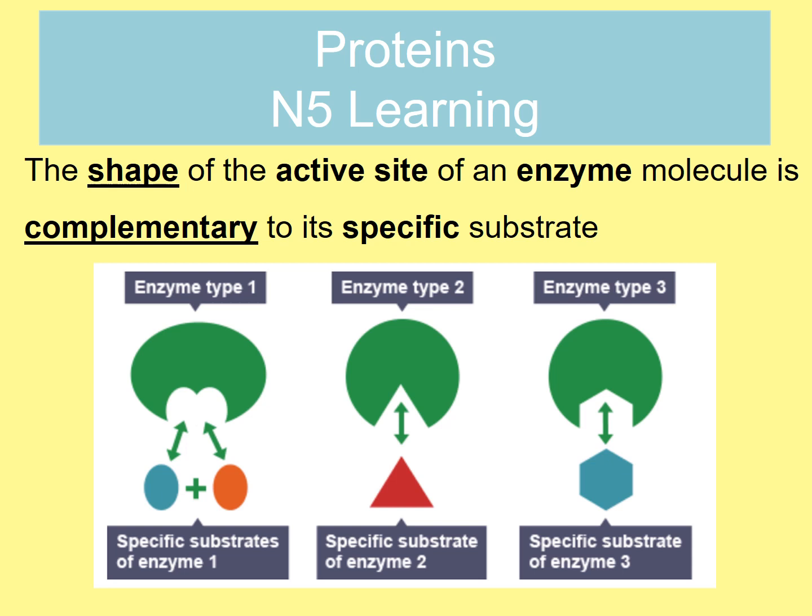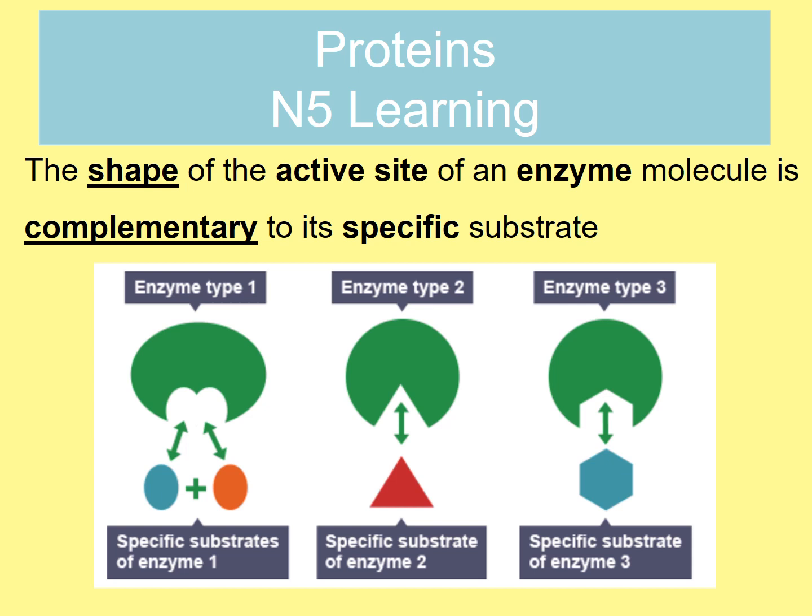Again, we've got some examples here on the screen in front of you. Now you'll notice enzyme 1 has a particularly shaped active site, and in this instance it's actually two specific substrates that will be able to fit into the active site, and then we'd see a reaction taking place between them.